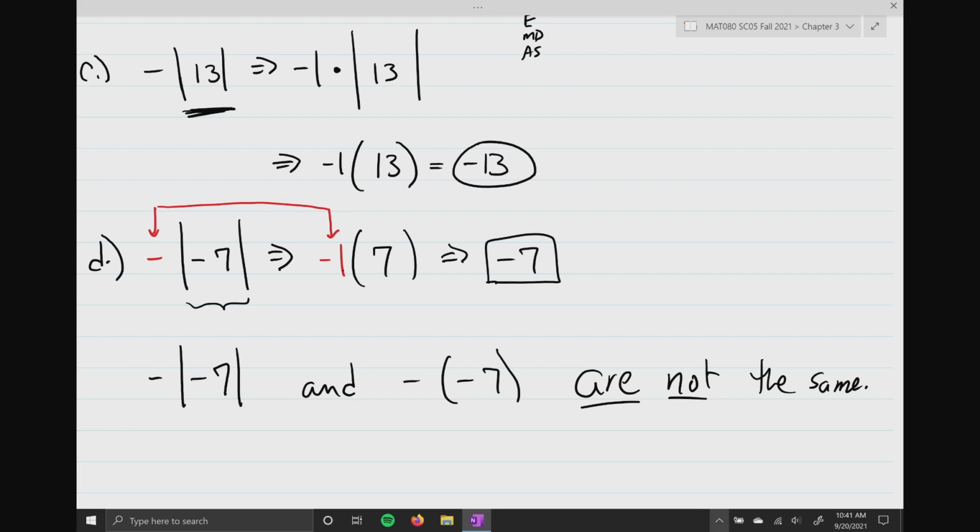Okay? In the first case, this is equal to -7. In the second case, that is equal to +7. Okay? So they are not the same thing. You need to be very careful with this, because we could easily make a mistake.